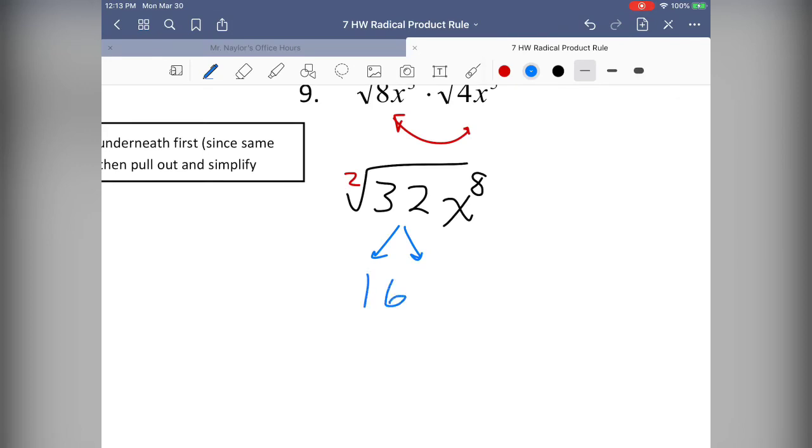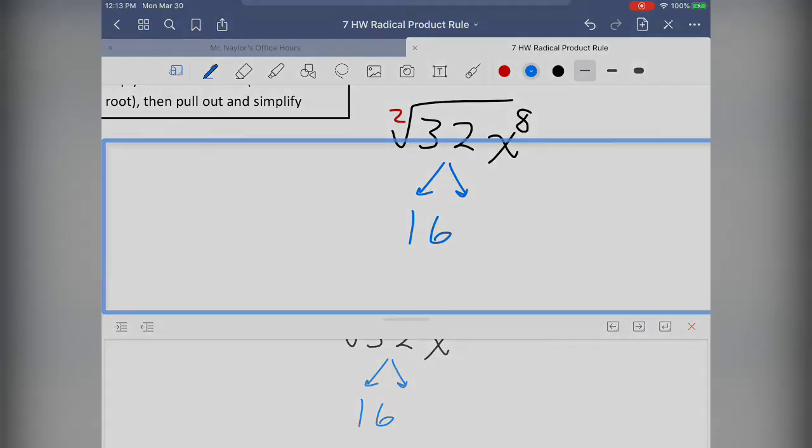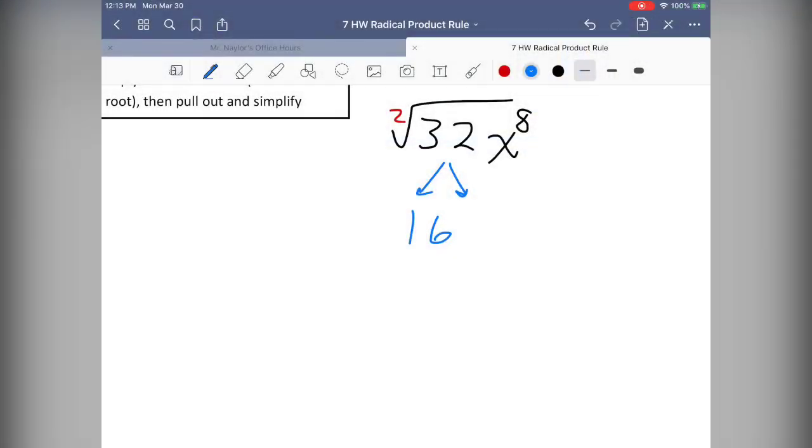Go as high as 16. 16 is a perfect number that's inside of 32. Of course, we also have a 2 that multiplies to be 32. Now, when you rewrite this, you can think of it as 16 times 2 times x to the 8.